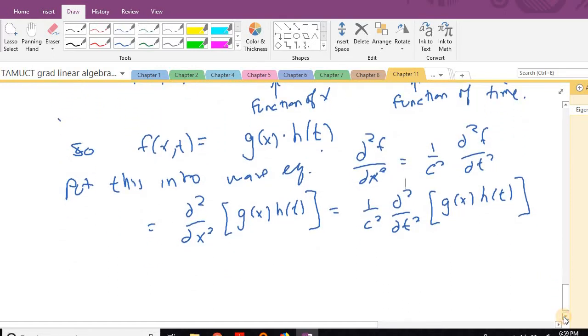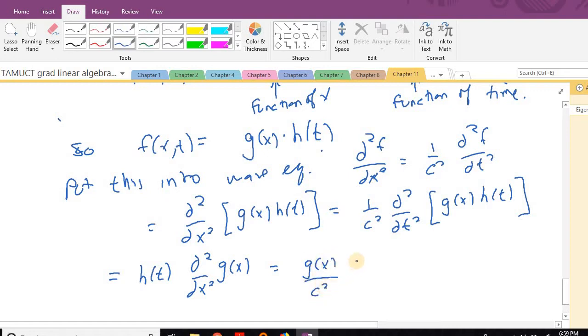Okay. So this is equal to h of t times d squared dx squared g of x. And that's equal to g of x over c squared times d squared dt squared of h of t.